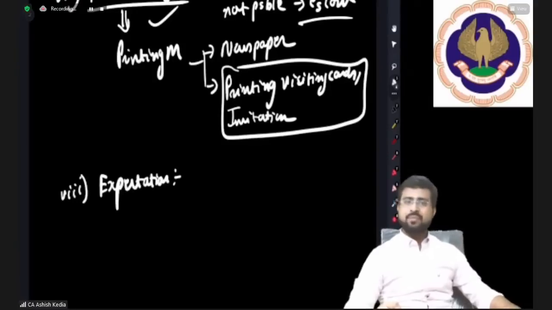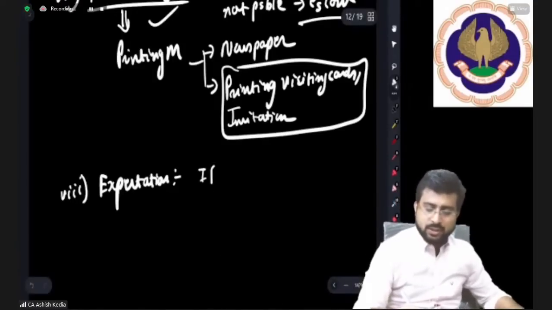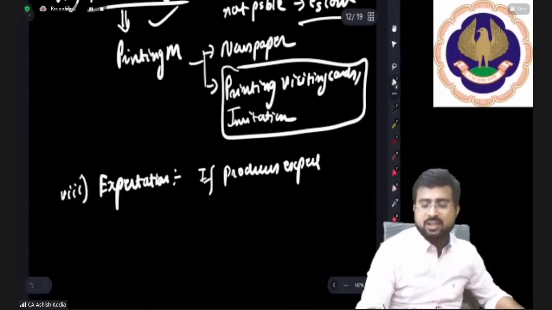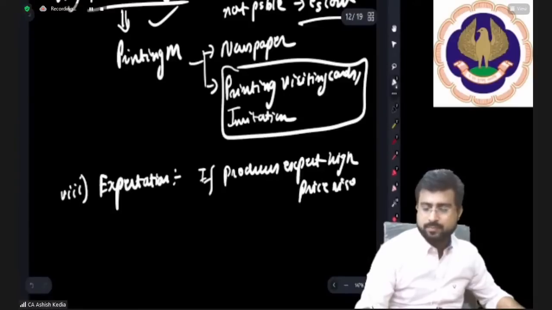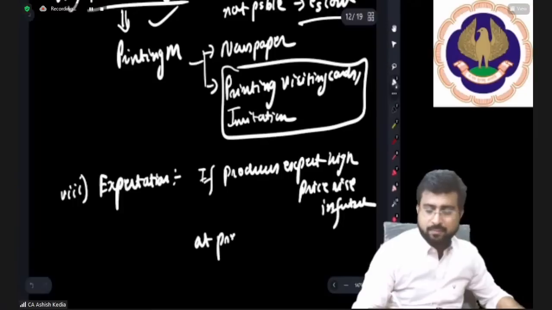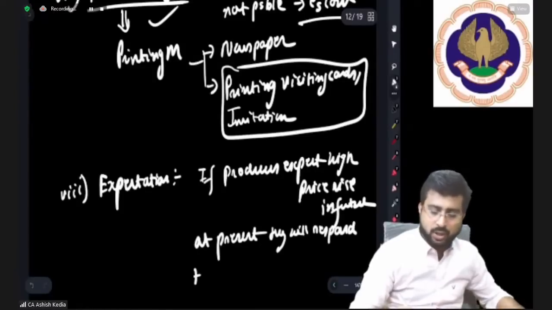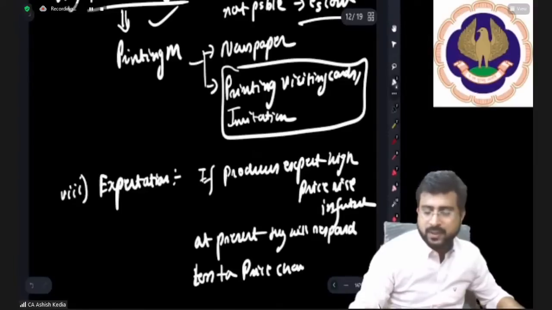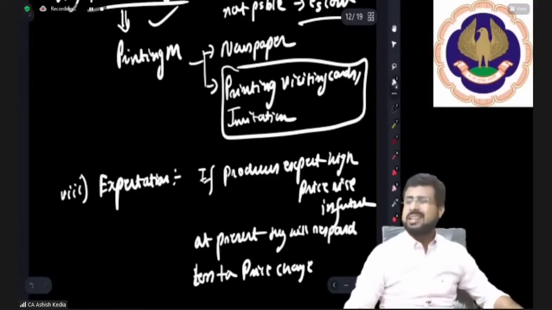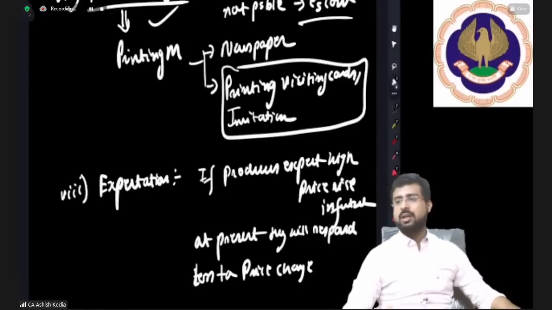If producers expect a high price rise in the future, then at present they will respond less to changes in prices. It is all about expectation, because they're expecting a huge rise in the future, so they will react least to the change in the present. Okay, all right sir.